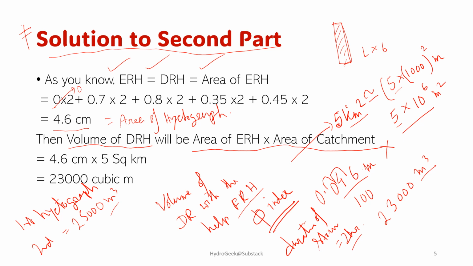So here what we have done is we have drawn the hyetograph and calculated the volume of DRH with the help of the catchment area, the Phi Index and incremental duration, and the entire data of that storm. Okay, so this is a very simple process if you know it. If you do not know it, it is also a very complex process.